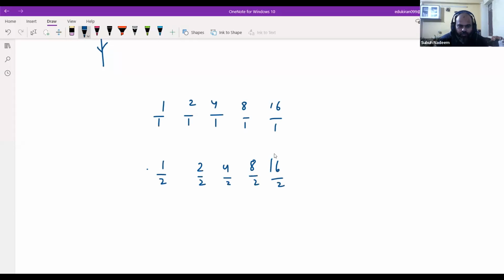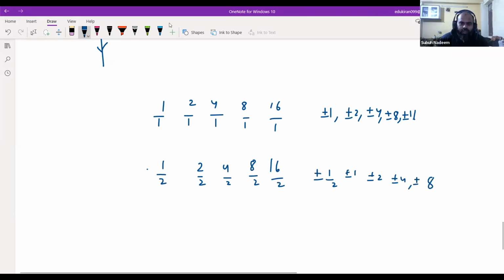That is the factors of the leading coefficient. So this will be plus minus 1, 2, 4, 8, 16, and this would be plus minus half, 1, 2, 4, 8. The rest of them coincide with the above, so no need to check for them. You can just check for plus minus 1 by 2 and these.